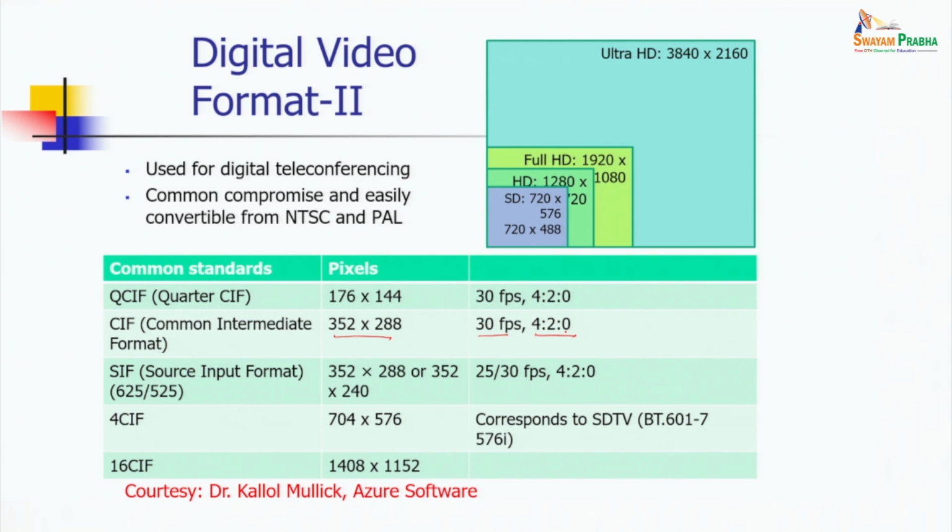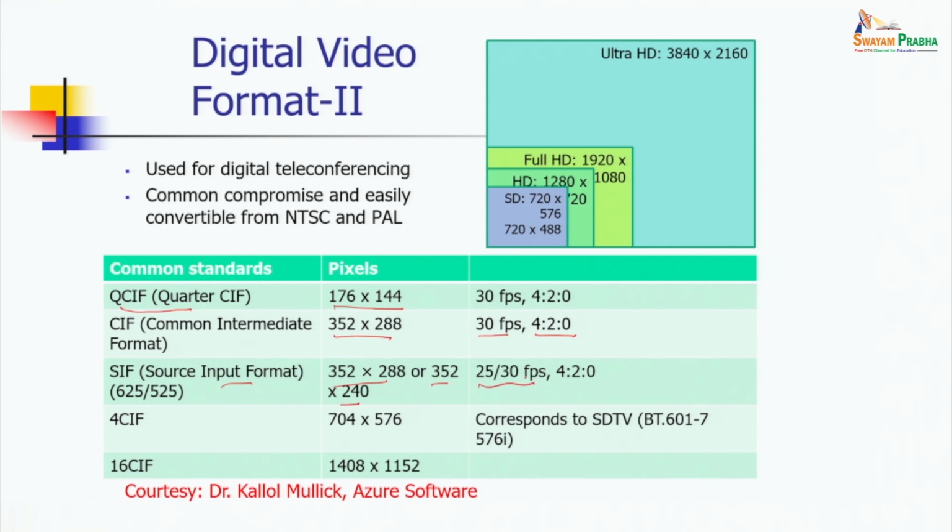I will explain it later on. So if it is CIF, then 1/4 of the size is called quarter CIF. You can see from the respective size of width and height, everything has been reduced by half. So that makes the quarter of the total size. Then source input format SIF has both 352 by 288 or 352 by 240.